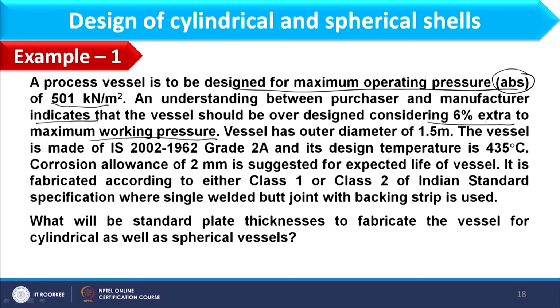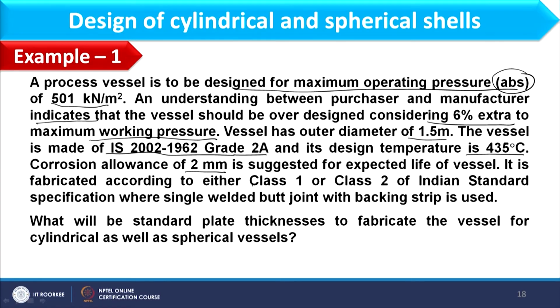So, here usually we consider 5% extra, but as it is required by the customer that 6% extra is required, we will design accordingly. The vessel has an outer diameter of 1.5 meter. It is made of the material IS 2002-1962 grade 2A, and its design temperature is 435. Corrosion allowance of 2 mm is given.